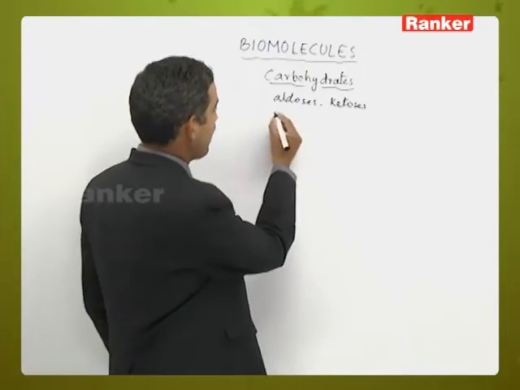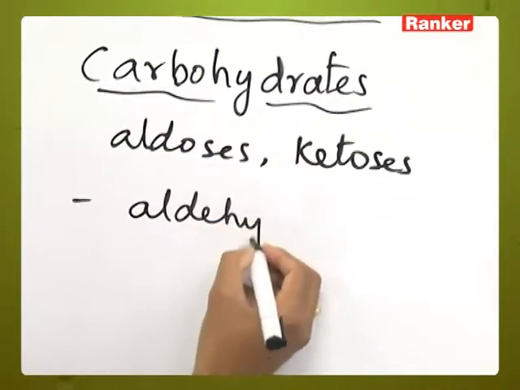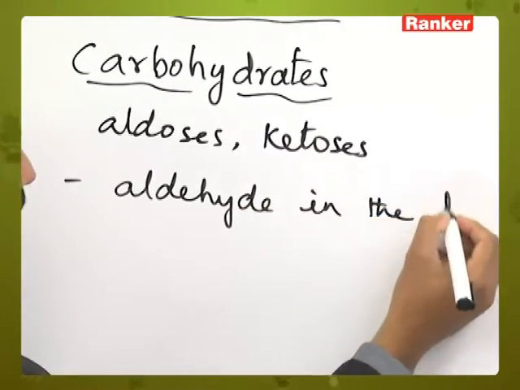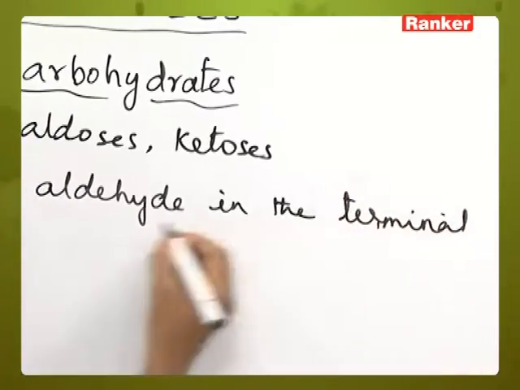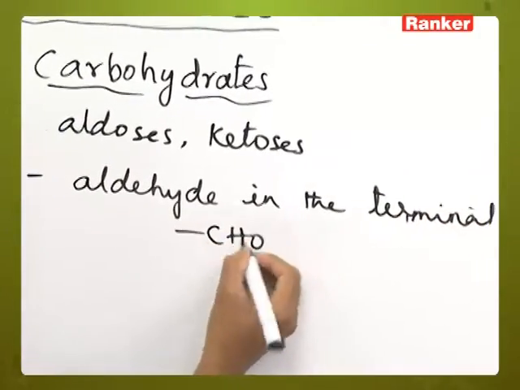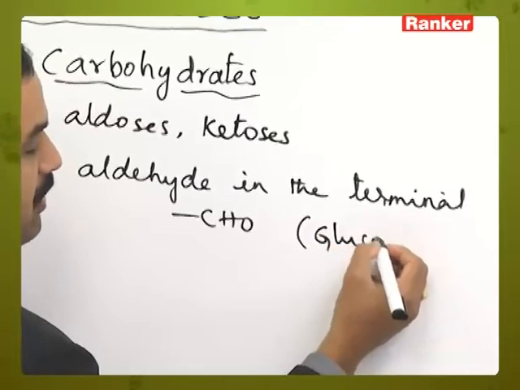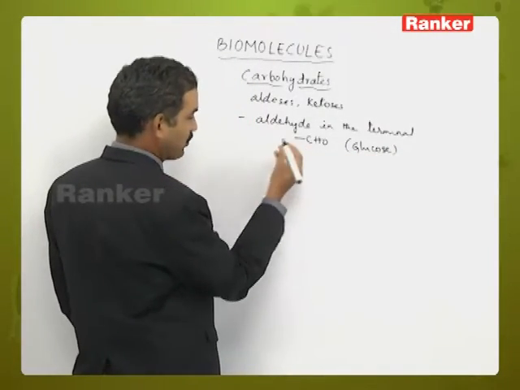In the aldoses, there is the aldehyde functional group in the terminal part, that is CHO. We can take glucose as one such example, which contains an aldehyde functional group, and ribose also.